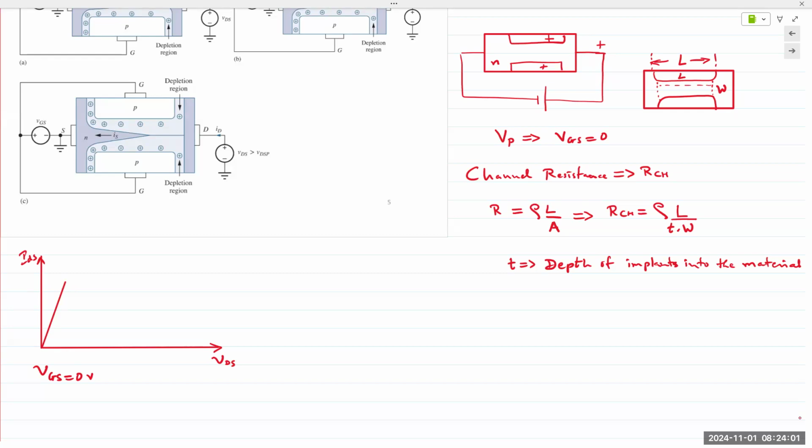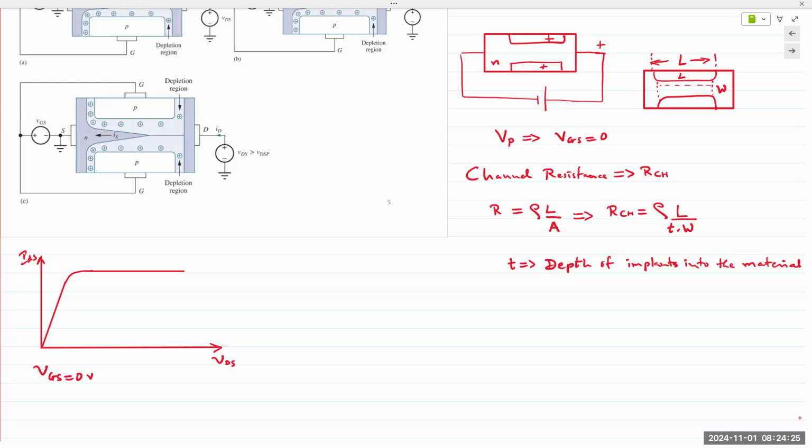But the channel starts narrowing, both the junctions meet, and when they meet, current does not stop flowing. The discovery was that the current actually saturates. So there is a small gap that is maintained, but the current does not drop.